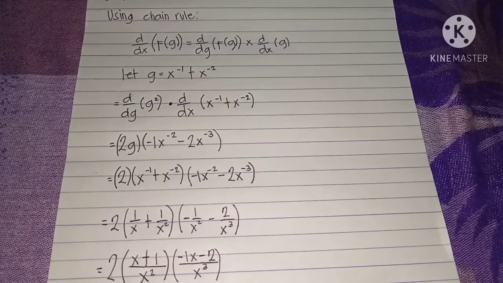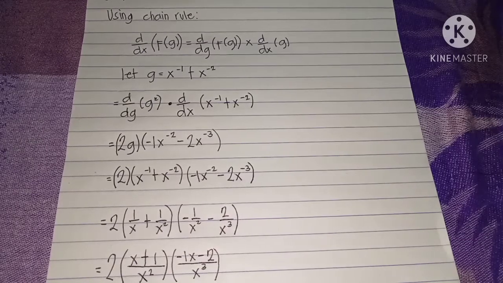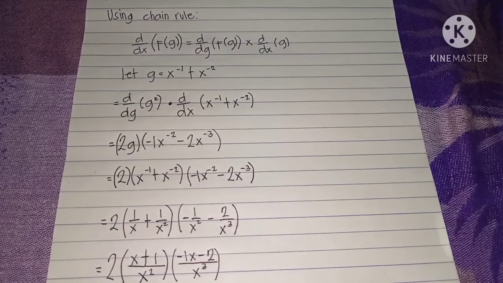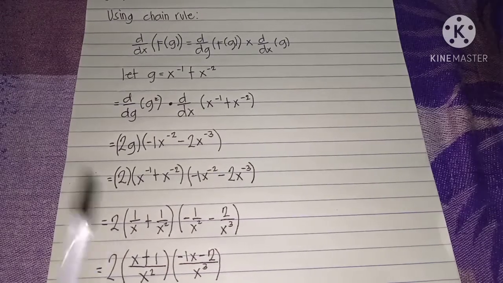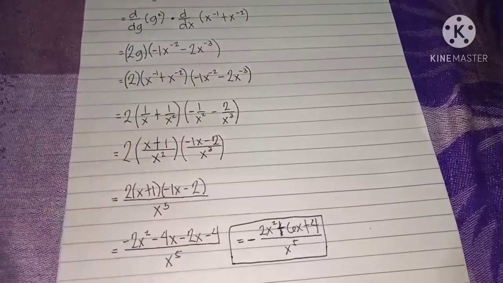So we'll just copy the denominator, which is x raised to the power of 5, and then we collect the like terms to reduce the expression and get our final answer. So we have here negative 4x and negative 2x, which results in negative 6x.